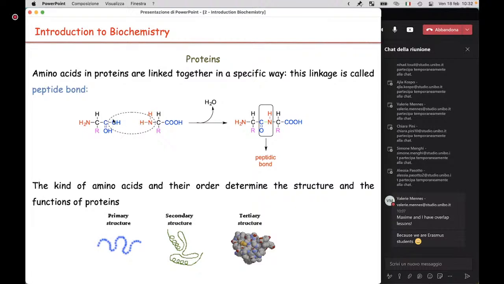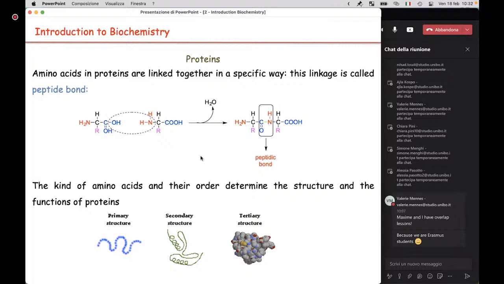This reaction can be called condensation because it happens with the loss of a water molecule, and a so-called peptidic bond is formed. It is, of course, a normal amide group, so it's an amide bond, but in this case, the amide is called peptide, so peptidic bond.